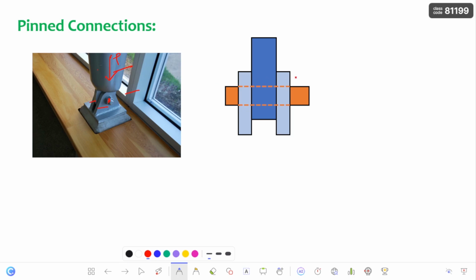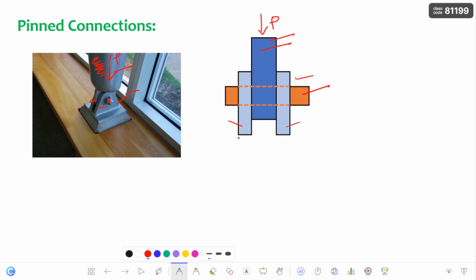This is a structural member, and whatever the load coming onto it, we can consider that as load P. Next, the two plates which are resisting in the opposite direction are given here, in light colors. Next, you can see this is the pin, in the orange color.